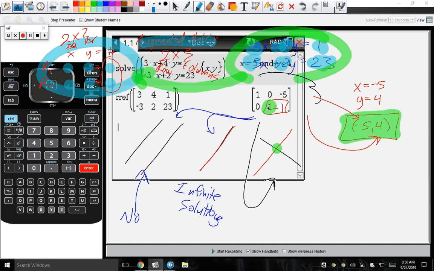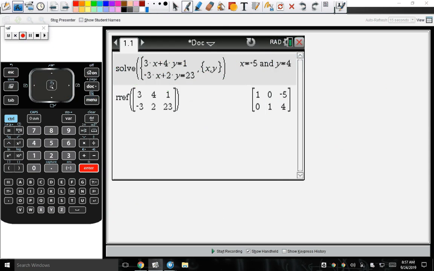You with me? But what I have highlighted as green, if that's a 1, no matter what, it will be just one solution. Okay? Alright. So, what just happened via the calculator, instantly, just like that, we're going to learn how to do by hand today. Okay?